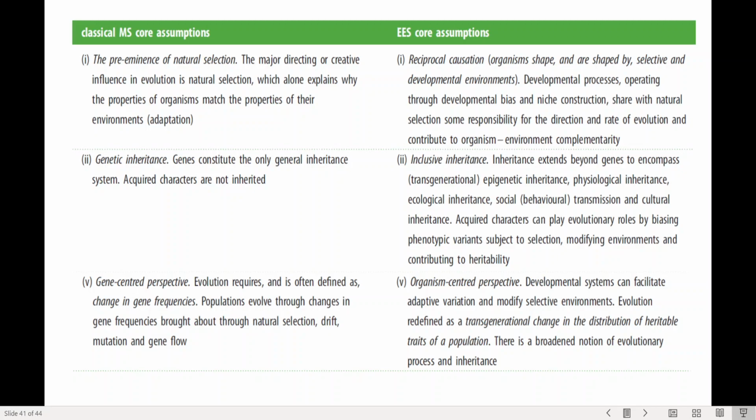We are not just the product of our genes, we are not just the product of our culture, but we are the product of this very complex interaction between genes, epigenetic changes, ecological, environmental changes, and the social, the cultural, the economic conditions that we inherit. And it also has an organism-centered perspective, where the effects that we experience are linked to our life history and to even some of the conditions that our parents inherited.